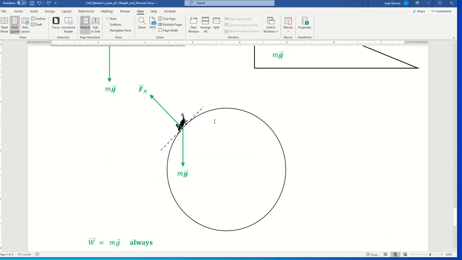And let's look at the bug and the bowling ball. He's over here. Well, notice this blue dotted line, that's the tangent line to the surface of the bowling ball, right where the bug is located, right where the bug is in contact with the bowling ball. That blue dotted line, that's the tangent. Well, again, bug is the object in contact with the surface. He's sitting on the surface of this bowling ball.